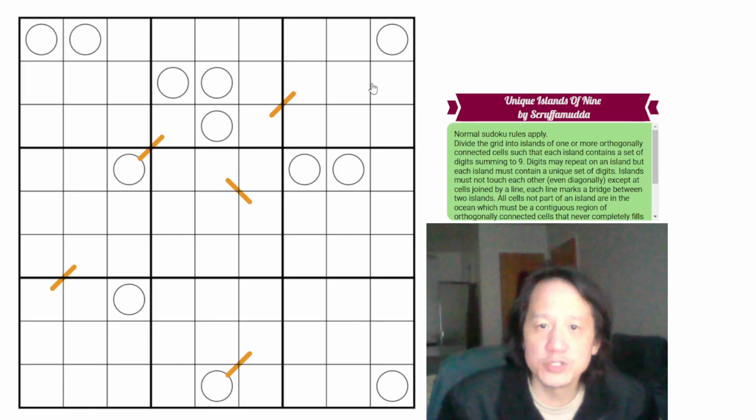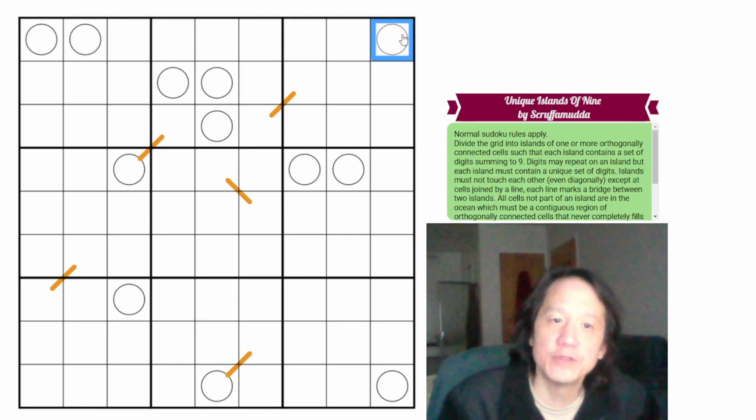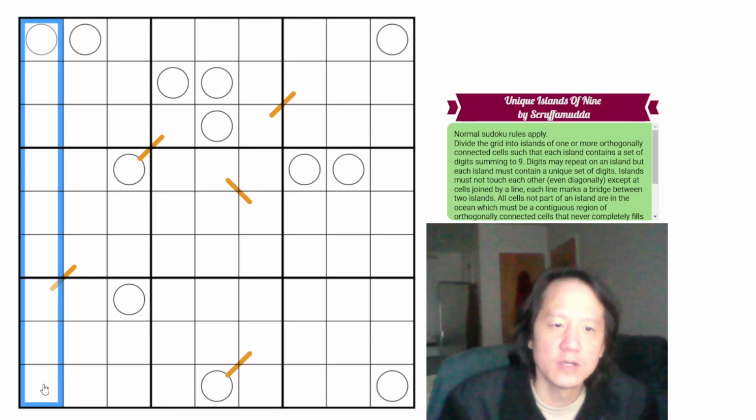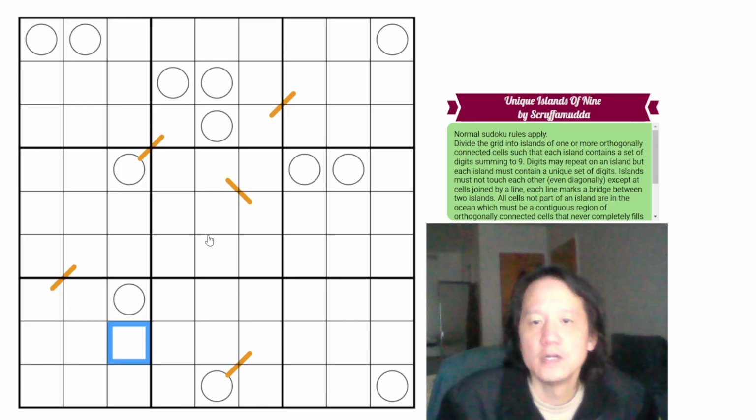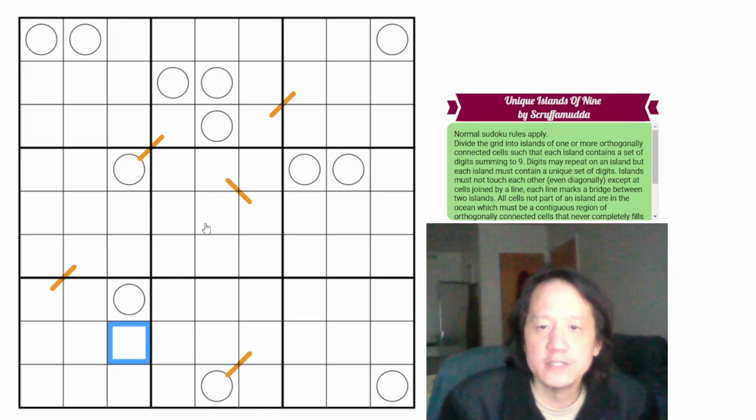Normal Sudoku rules apply, which means place the digits 1 through 9 once each in every row, column, and box. Divide the grid into islands of one or more orthogonally connected cells, such that each island contains a set of digits summing to 9.